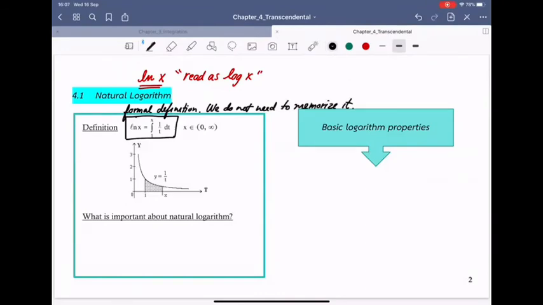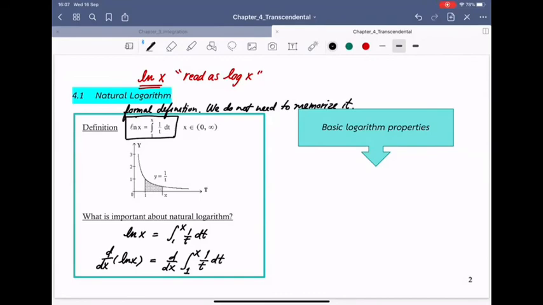So why do I mention natural logarithm? The reason is in the definition here. If I differentiate log x, I differentiate the integral from 1 to x of 1 over t dt.